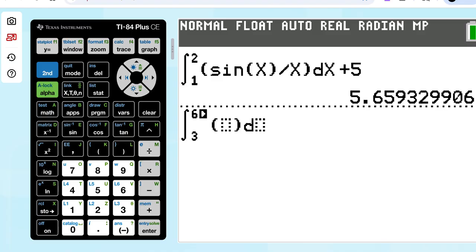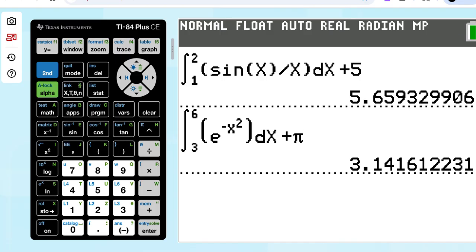We're integrating from 3 to 6 of e to the negative x squared dx, and then we'll add to that our pi. And we get 3.14161223, or 3.142 if we round to the nearest thousandth.